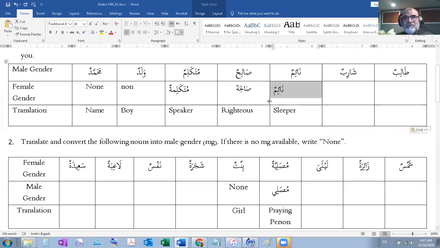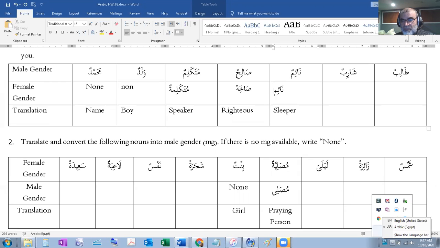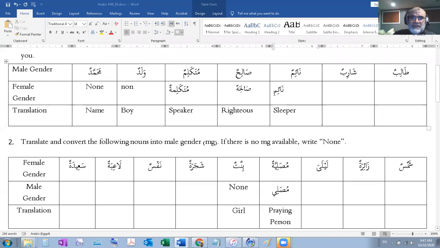Okay, so I take the female version and I add تاء مربوطة. So I change to Arabic and then add تاء مربوطة. The keyboard, and I add تاء مربوطة.